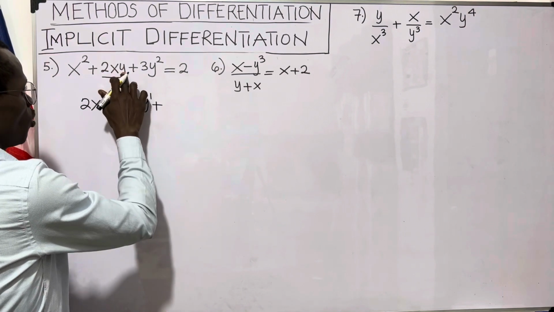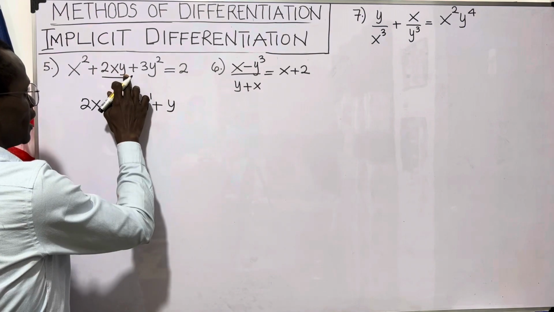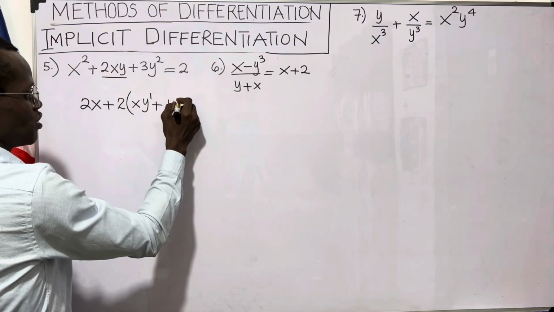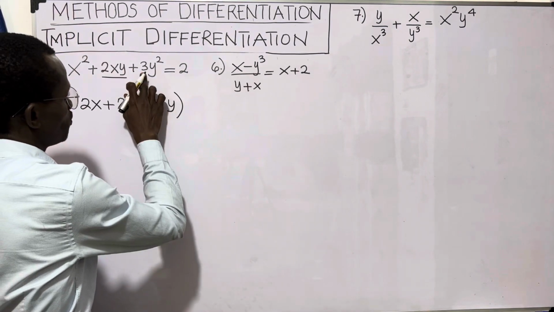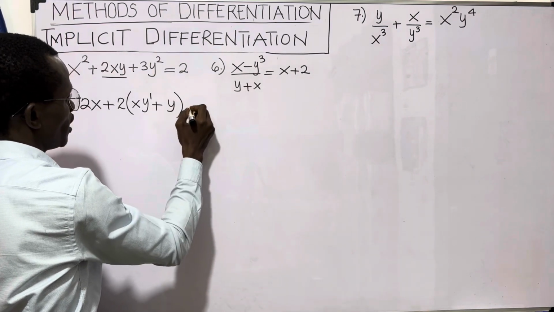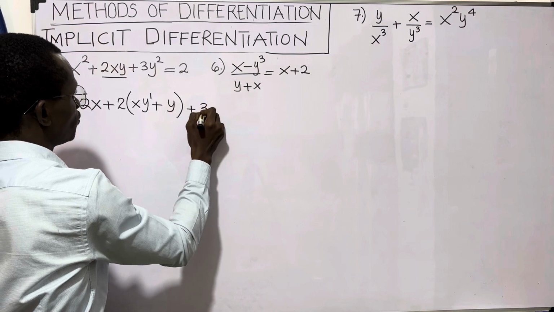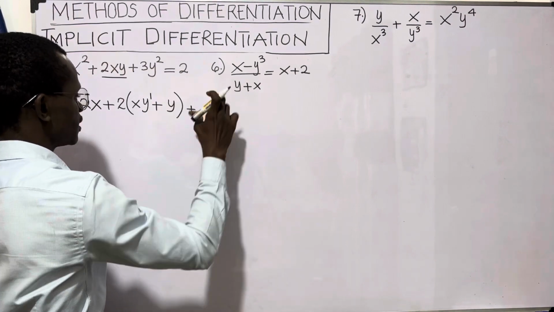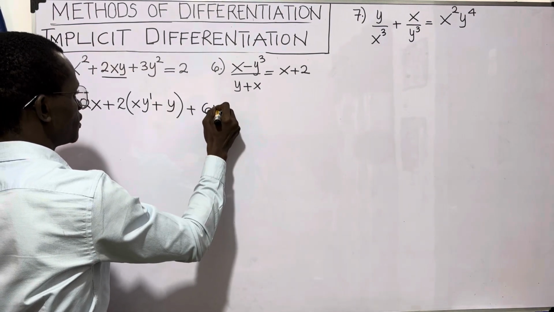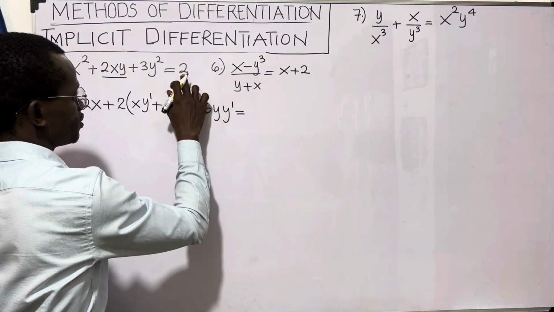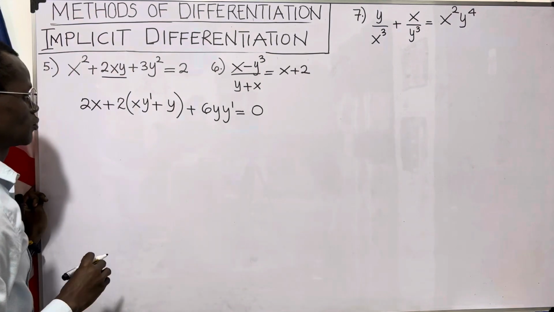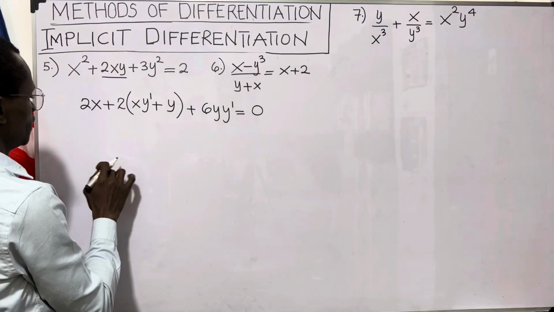Plus, we hold y now and differentiate x. The derivative of x is just 1, so we don't need it. Then we come to 3y squared. It gives us 3 times 2, which is 6y prime, equals the derivative of 2, which is 0. So we can further simplify.